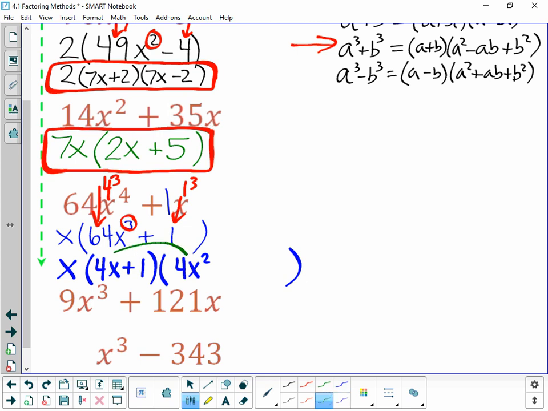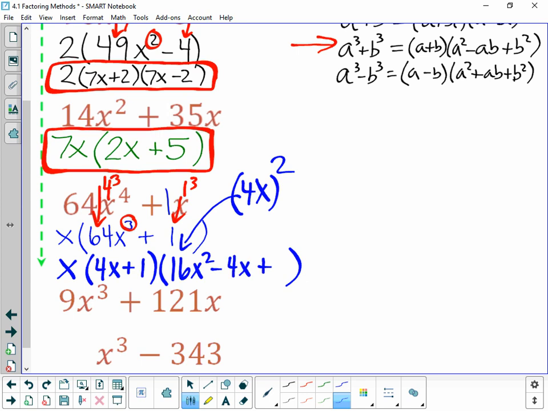Even if you think of it this way, these two together are 16x to the third. But the thing I'm trying to factor is a 64x to the third in that first term. So that didn't get me where I wanted to be. Make sure you double check things as you're going. This first term is the number 4x all squared. So it's a 16x squared. Then we subtract a times b, so that's a 4x, and then we add b squared. Well, that's just going to be a 1 squared, which is just 1.